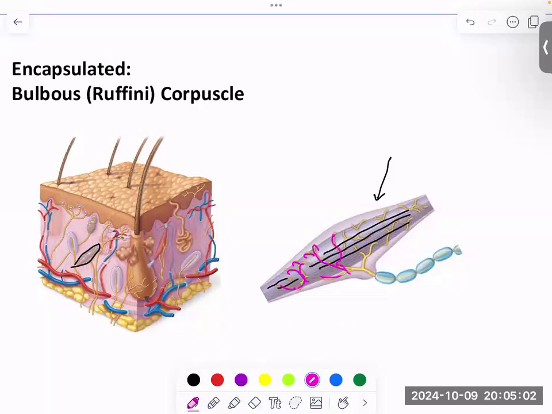What those neurons are detecting is how much those fibers stretch. This is a stretch receptor. How much is someone stretching your skin? That's what it detects. Stretch of the skin.